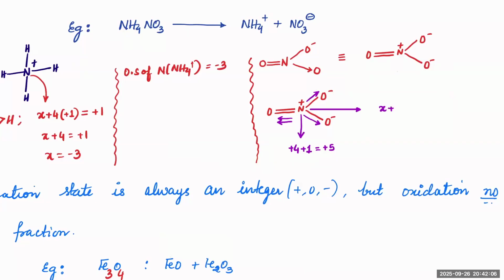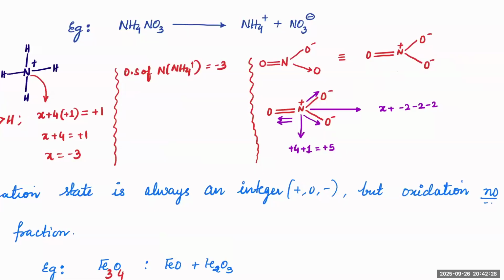How much is the charge every oxygen is gaining? See, this oxygen already has minus charge. It must have gained one more electron, so I can write it as minus 2. Same goes with this one also, it is also minus 2, correct? And here also, this is also minus 2, isn't it? It has minus 2 on it.